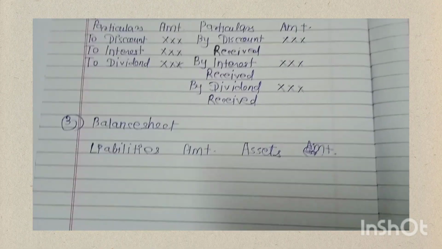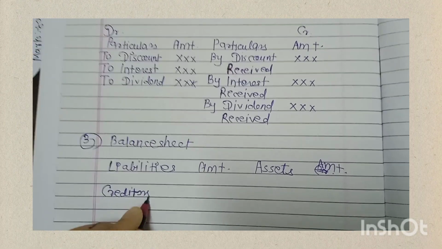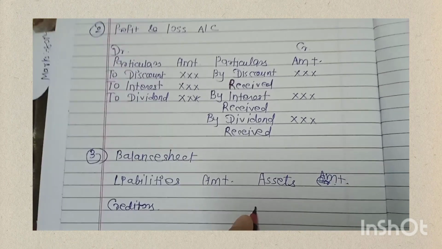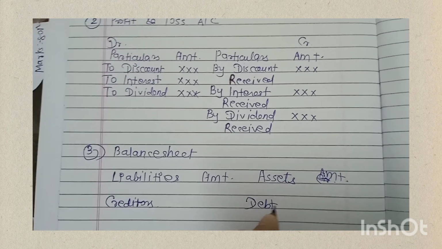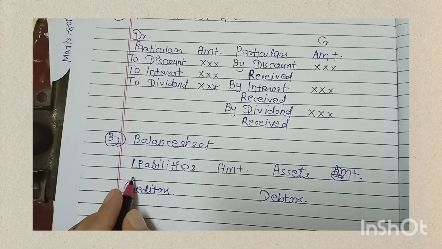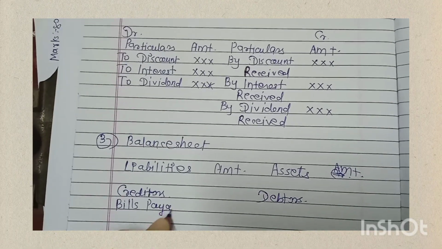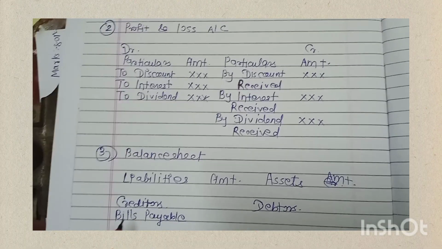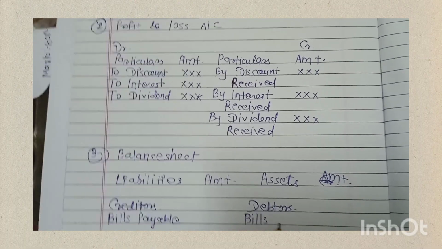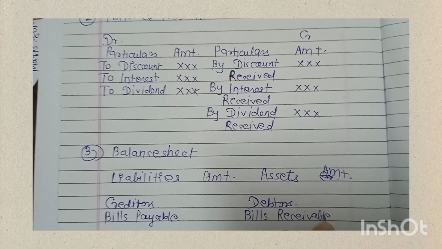On the liability side we write creditors, and on the asset side it is debtors, which are also known as our customers. Again, on the liability side we write bills payable, the bills which we have to pay to the parties. On the asset side we have to receive bills from the parties, that's why we write bills receivable.